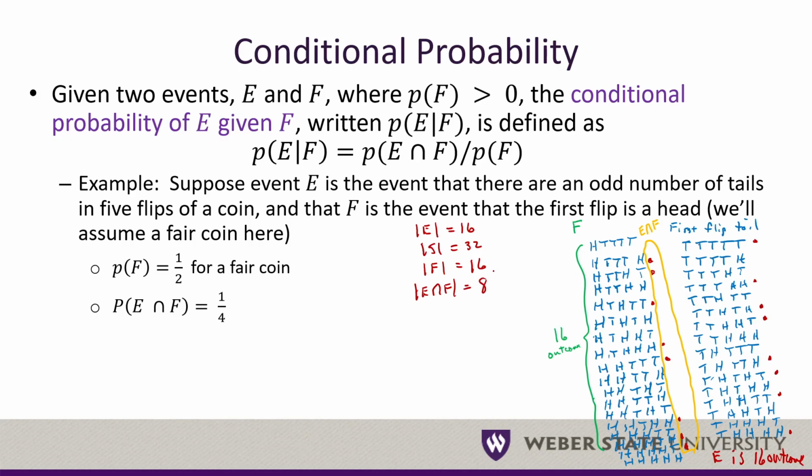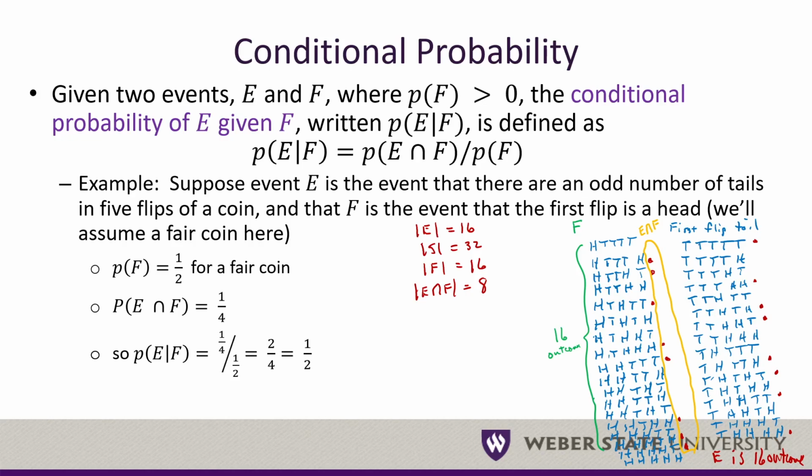That gives us our 1/4. And here, the conditional probability would equal the probability of the intersection divided by the probability of the thing that we're conditioned on. In other words, the probability of an odd number of tails, given that the first flip is a head, is given by that formula, 1/4 over 1/2, which would be 2 divided by 4, which would equal 1/2. So that's our idea there.